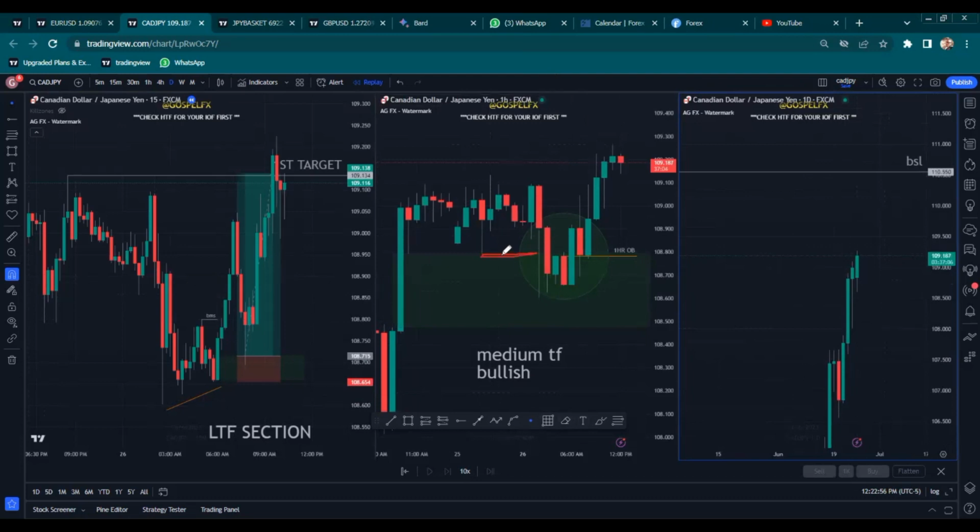We'd be thinking, okay, this is a break of structure, price should go back to the other block and continue selling, but you need to know that the higher time frame is bullish. It's the same thing here. You feel like, okay, this is a break of structure, I should sell from the other block. No, price is bullish from a higher time frame perspective. That's why you always need to check your higher time frame. I can't emphasize that enough.